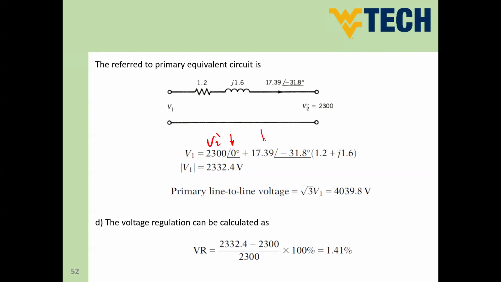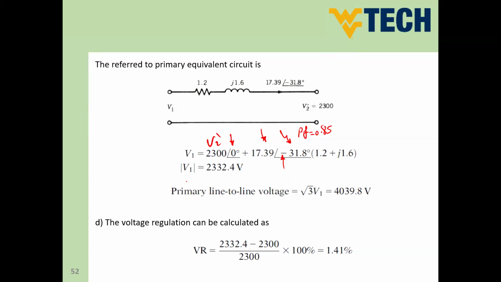This is the value of I1 that we obtained, and the angle of I1 can be obtained from the power factor. The power factor is given as 0.85, lagging, so the angle is going to be minus cosine inverse 0.85, times our impedance.